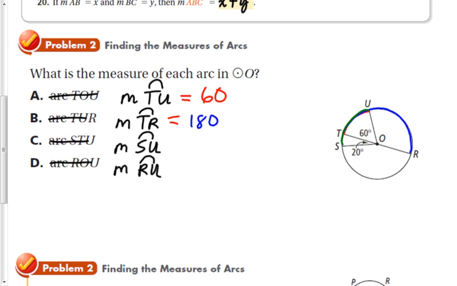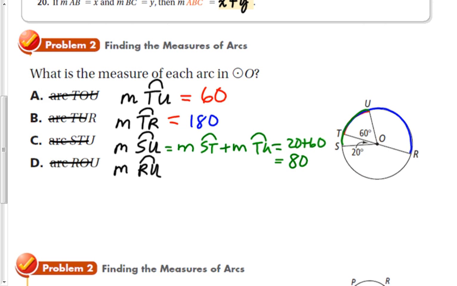The measure of SU, that's this arc. Remember that you can just add the arcs together. So the measure of SU is equal to the measure of arc ST plus the measure of arc TU, which is 20 plus 60, or 80.